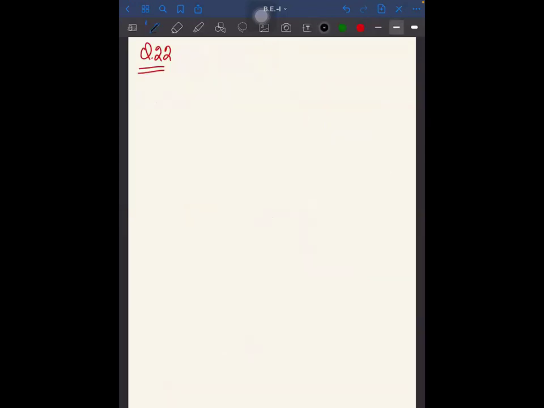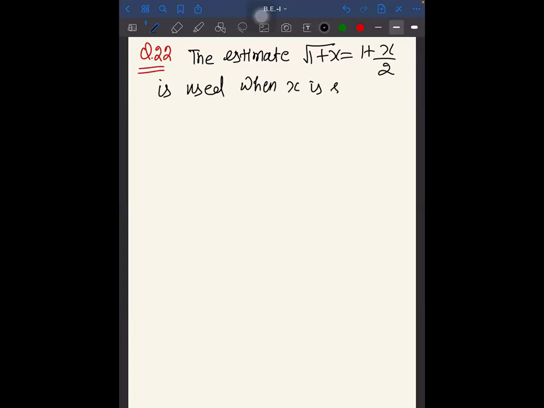Yes, sir. So the estimate root 1 plus x is equal to 1 plus x by 2 is used when x is small. Estimate the error.